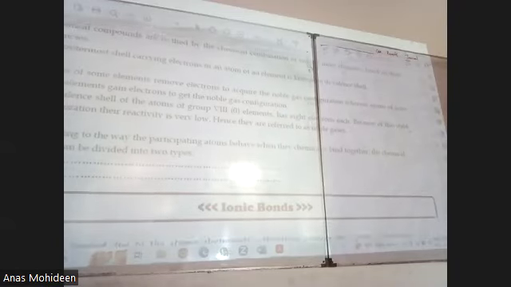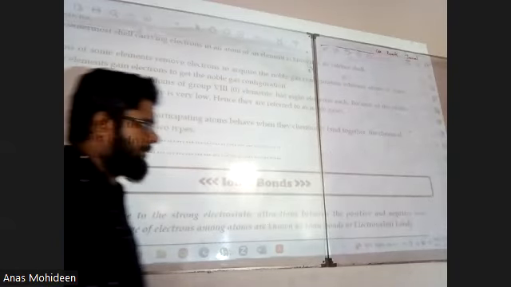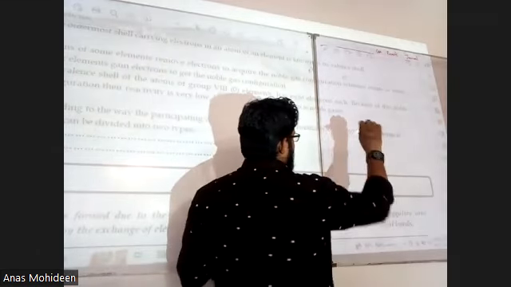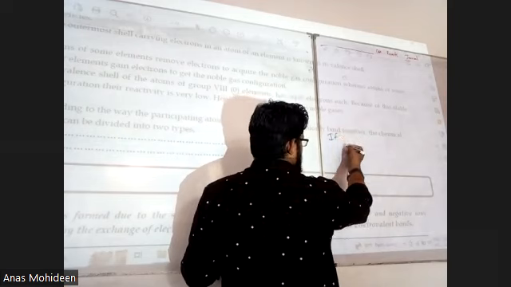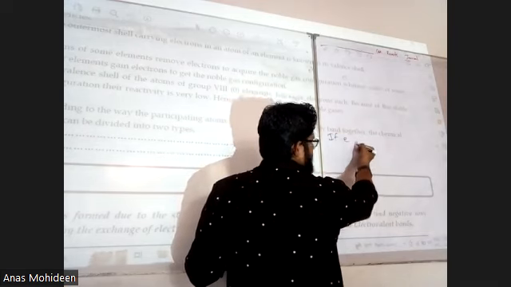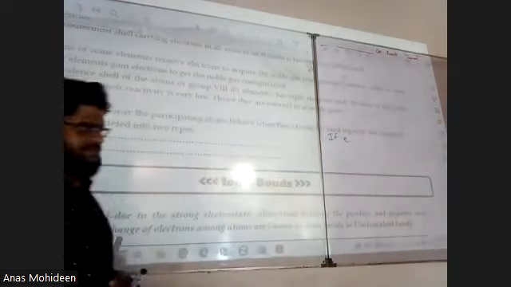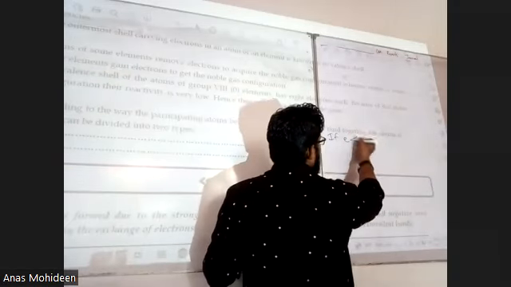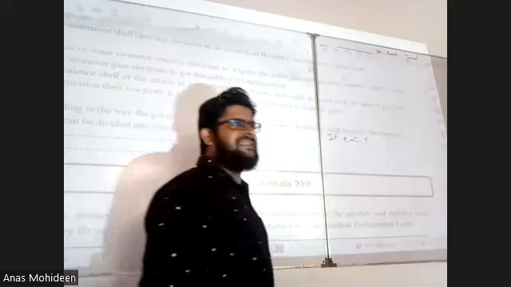So, how do we summarize this part? Look here. Now, if the valence shell electrons are less than 2, can you tell me what they do?